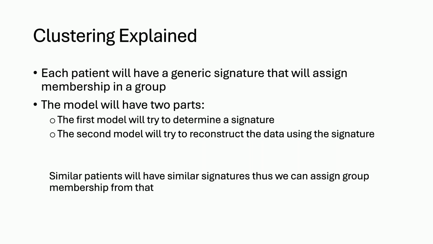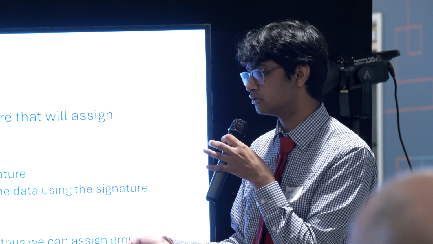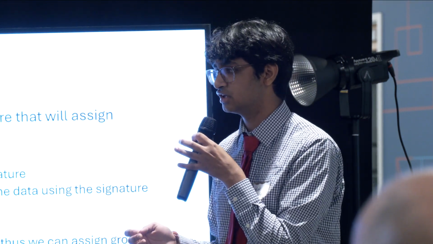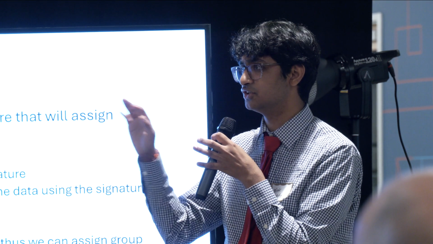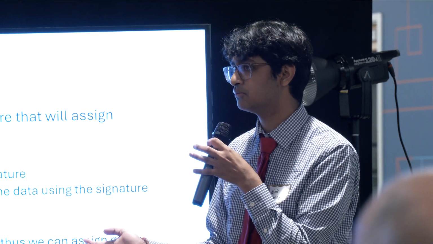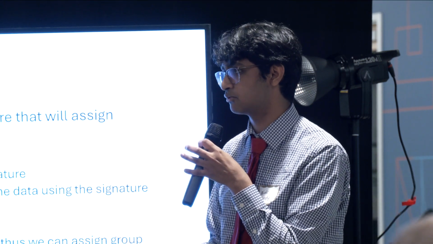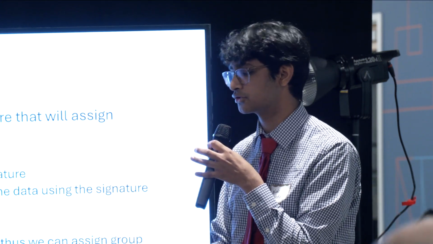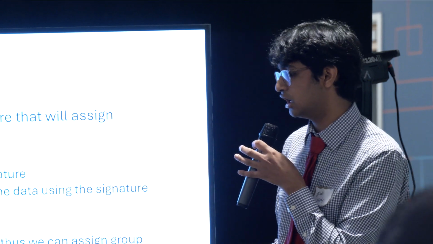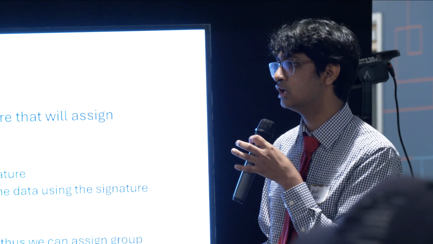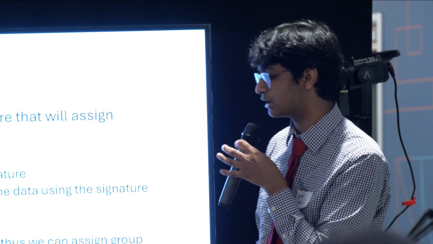So we have a denoised output, but we also have a signature that we can compare all the patients to, so that when we're looking at analysis or a design of experiment, we can say, this is the patients that we have. Patients with this methylation signature have a worse overall survival compared to another group, which is very useful, especially for doctors when they have to look at drug resistance or try to classify the patient they have right now.